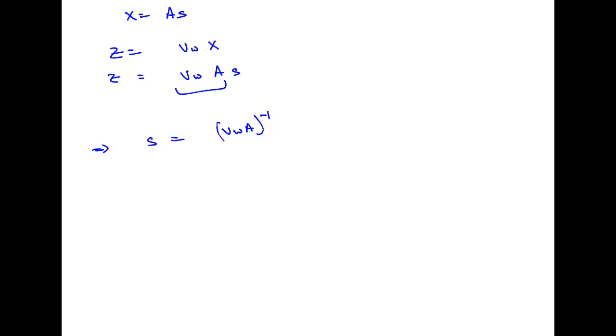Let me use the same Z. Given the data X, I normalized X and I whitened it to Z. Now I want to find this matrix which will give me the sources.